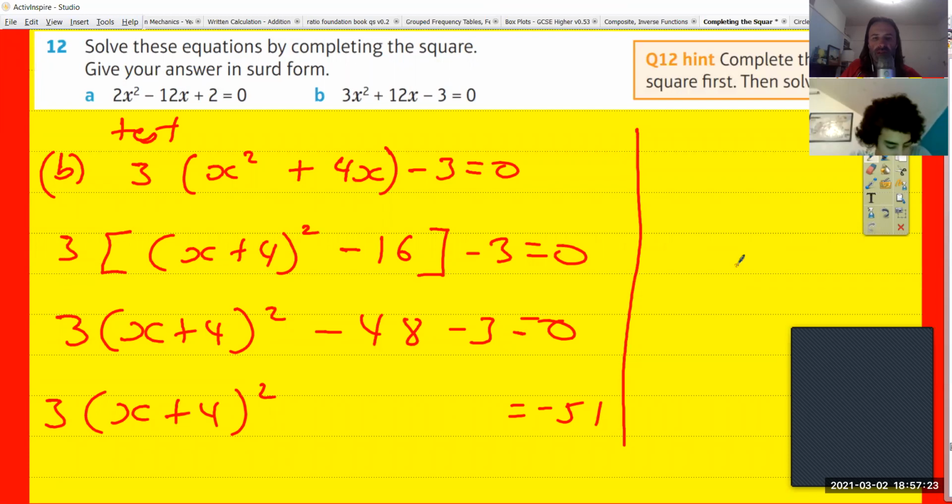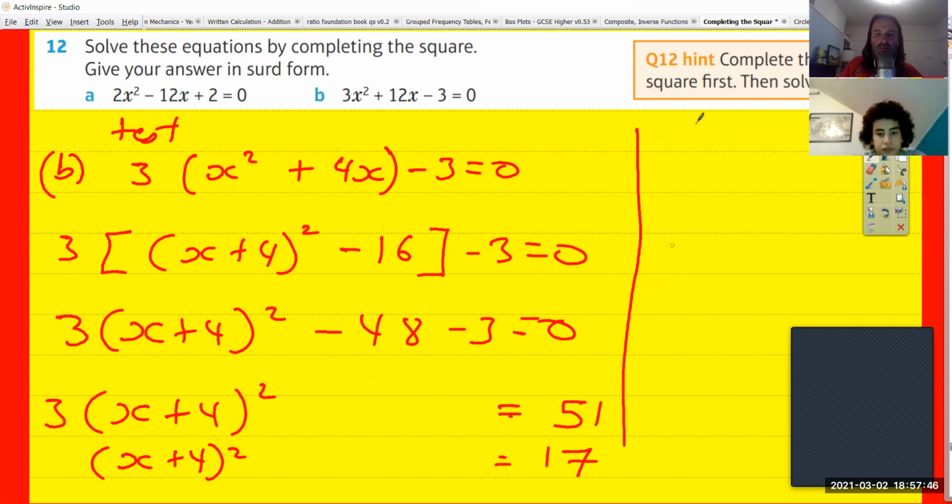Minus 51 divided by... No. It was minus 51 on this side. And you put it over, so it'll be 51. 51 divided by 3 equals 17. Right. So x plus 4 squared equals 17.